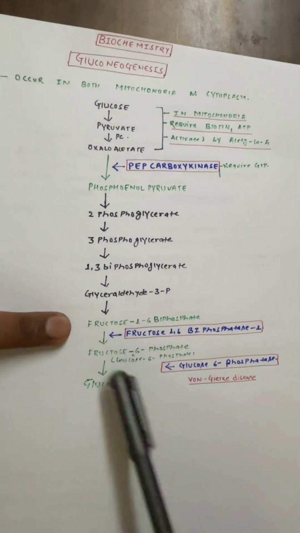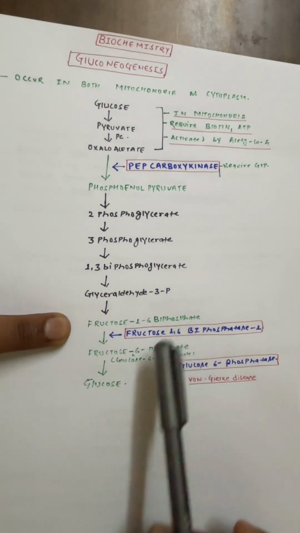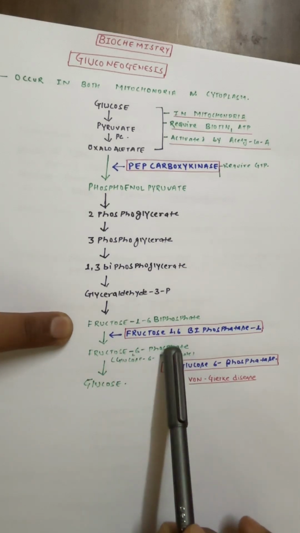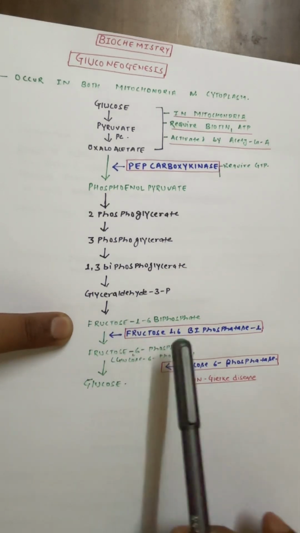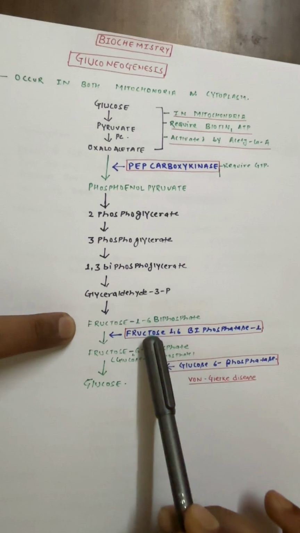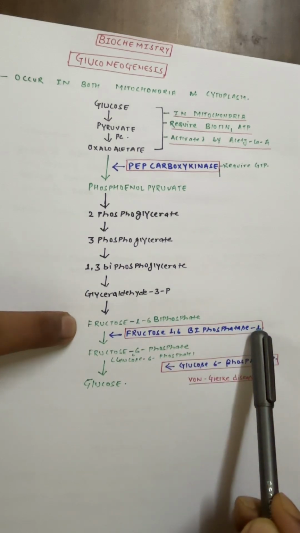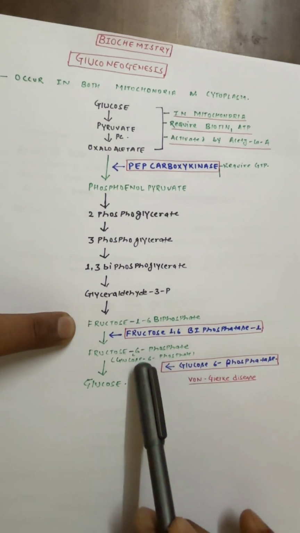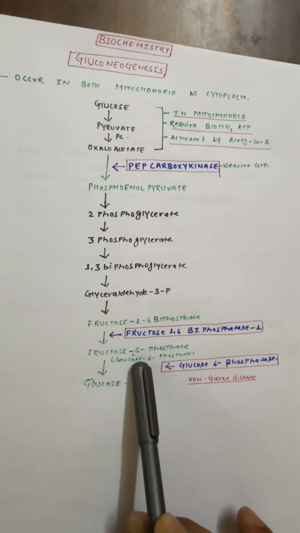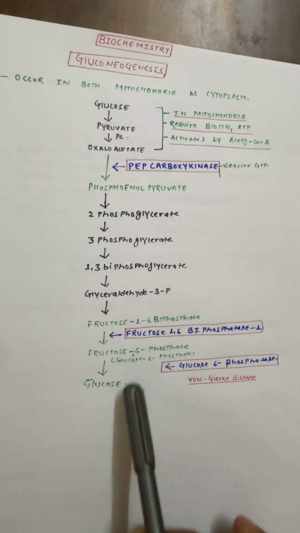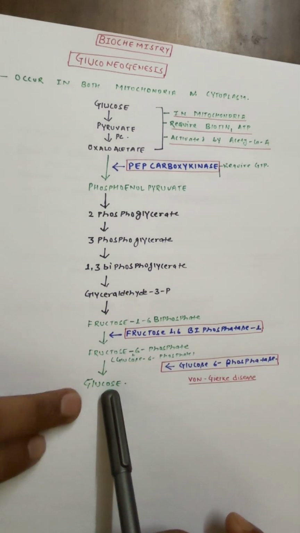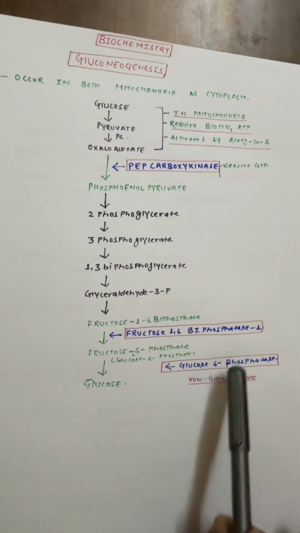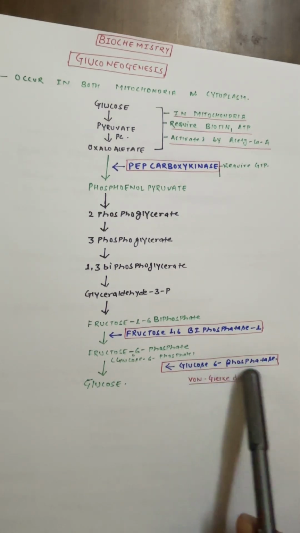Now these steps are important. Fructose 1,6-bisphosphate is converted to fructose 6-phosphate, and the enzyme used is fructose 1,6-bisphosphatase 1. Fructose 6-phosphate is converted to glucose 6-phosphate, and glucose 6-phosphate is converted to glucose, where the enzyme used is glucose 6-phosphatase.